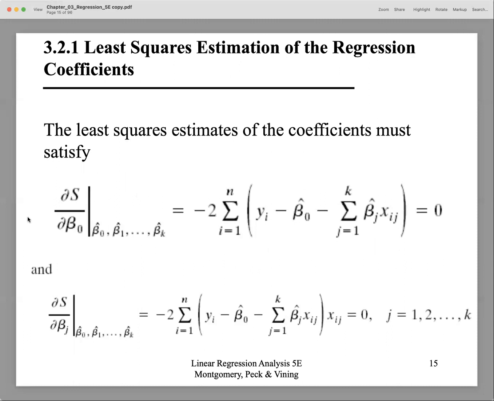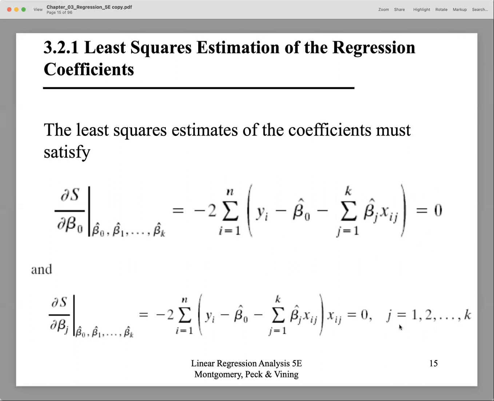On the next slide, we see the first operation here is taking the first partial derivative of the least squares function with respect to beta 0 hat, and then setting that first partial derivative equal to 0. The first partial derivative of the least squares function with respect to beta 0 hat is given by this expression, and we set that equal to 0.